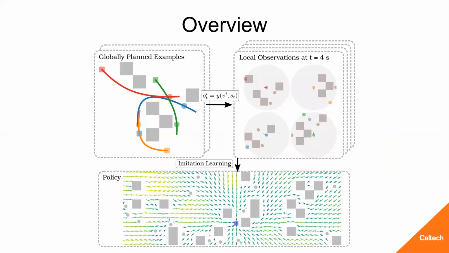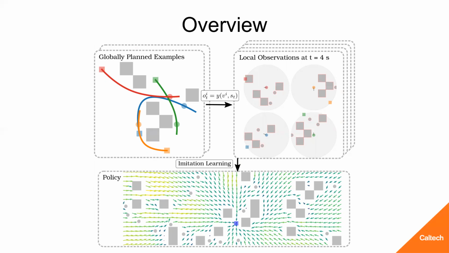The key idea of this GLAS paper is to combine both in a learning framework. We take our central planner and create lots of examples for different cases. Those examples are in the full state space, so we can sample this full state space to create a set of local observations, and for each observation, also our desired action.